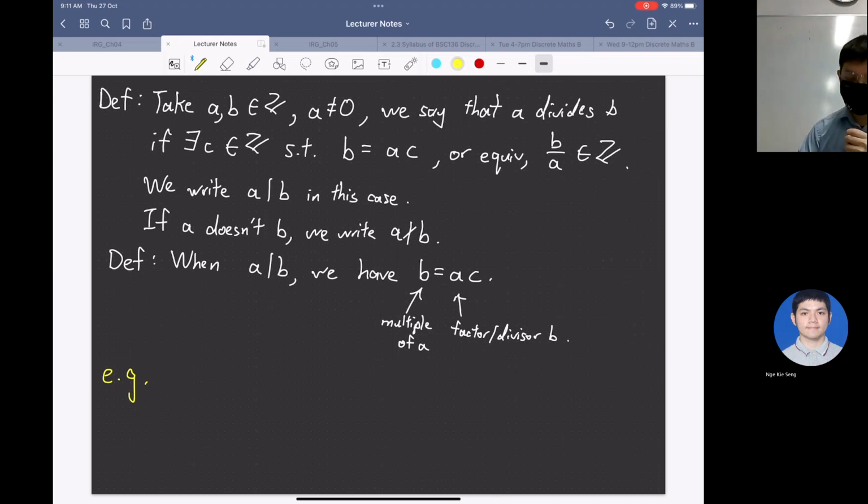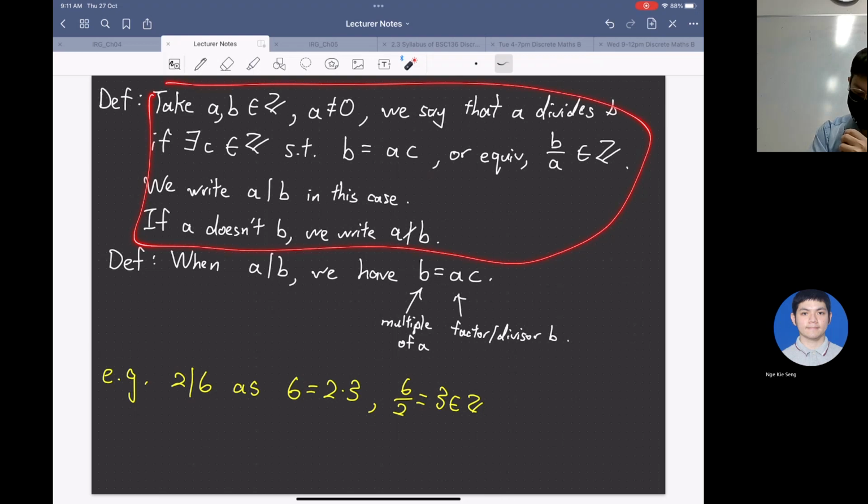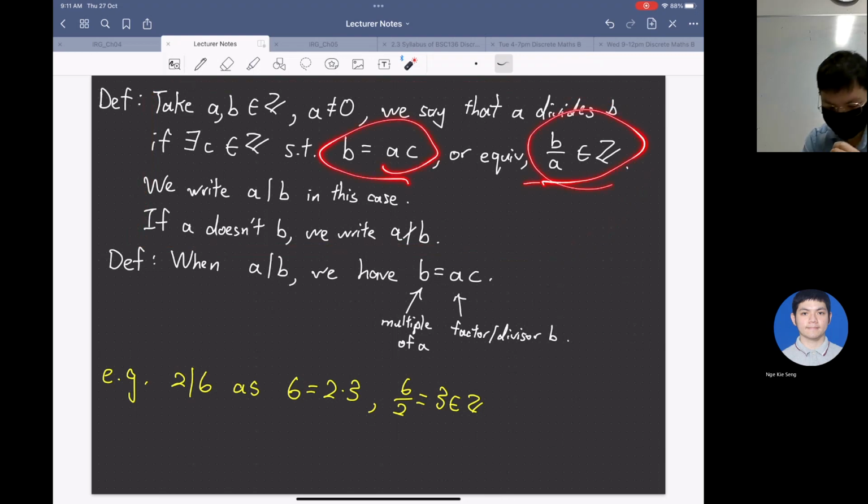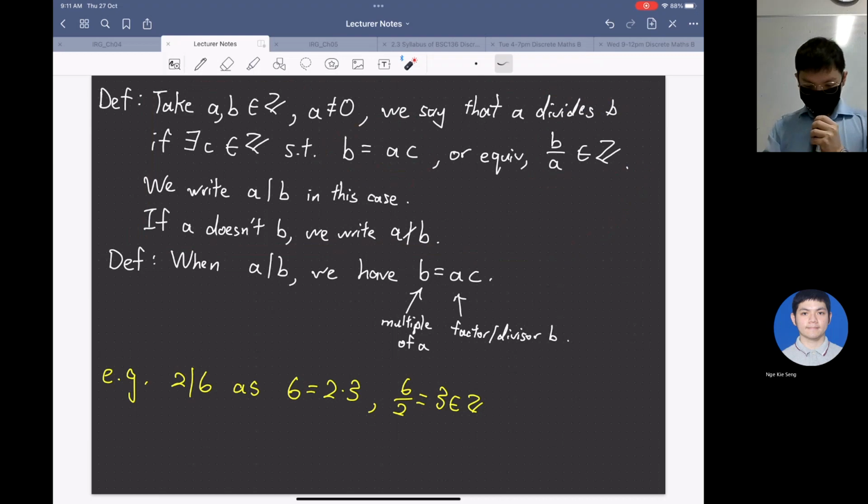So the example is, consider 2 divides 6. What does it mean that 2 divides 6? It's because I can write 6 as 2 times 3. So 6 over 2 is 3, which is an integer. When I verify this definition, I have to check the condition given here.